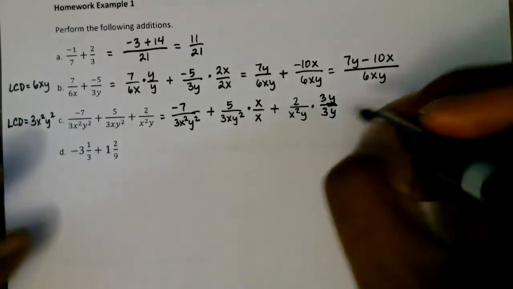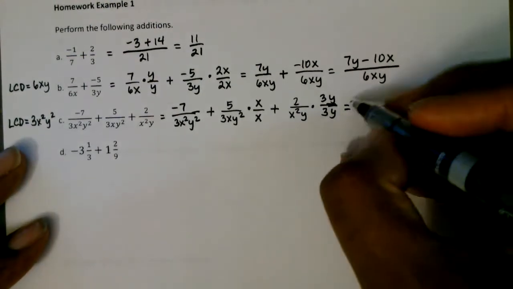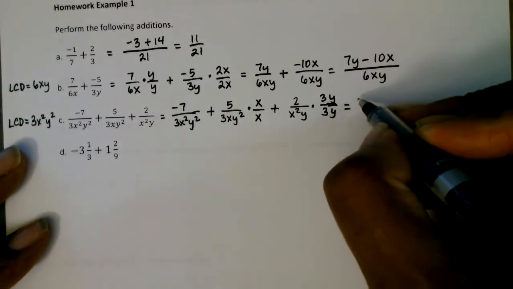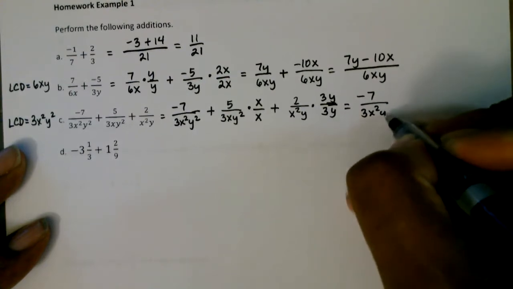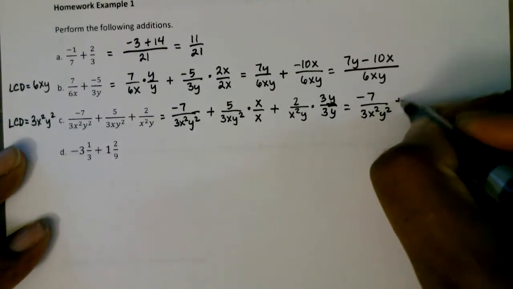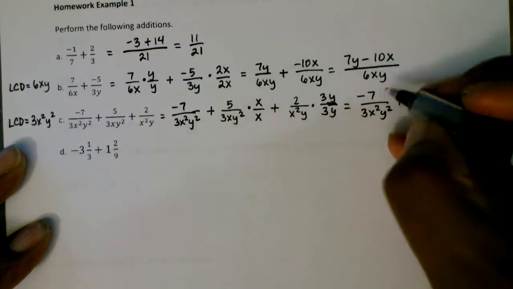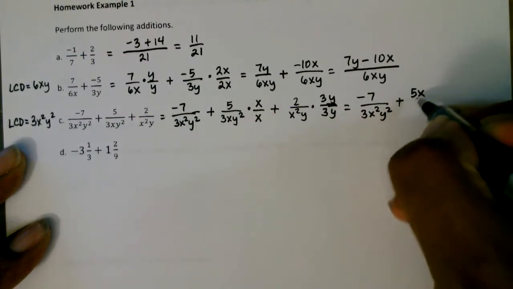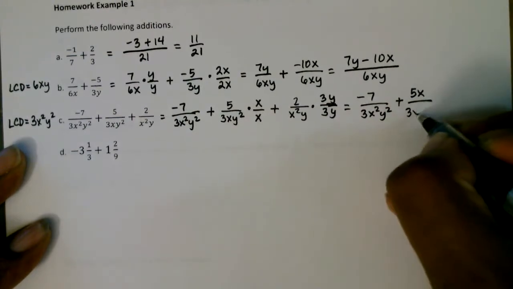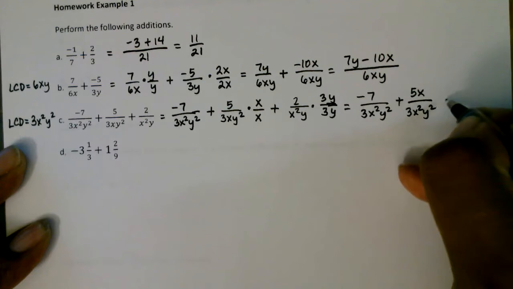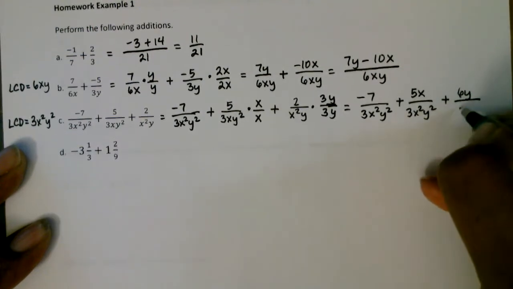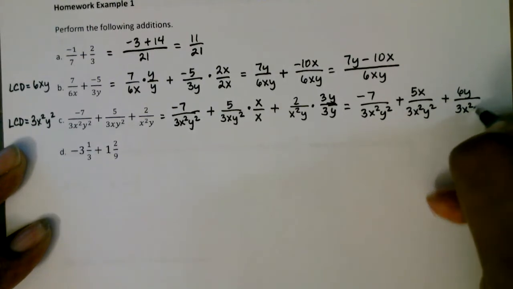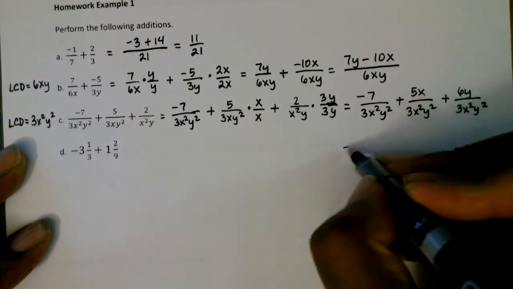All right, so now let's simplify this. This will be -7 over 3x squared y squared plus, for this one, 5 times x is 5x over 3x squared y squared plus 2 times 3y is 6y over 3x squared y squared.